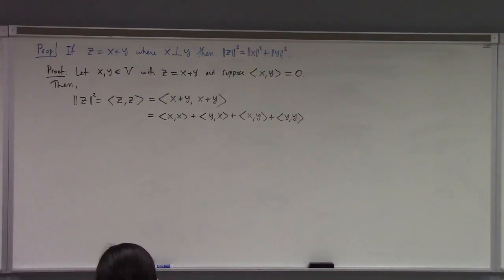I guess a more basic lemma, whatever you want to call it, I should have probably proved: x is perpendicular to y if and only if y is perpendicular to x, right? And the proof of that basically is what?